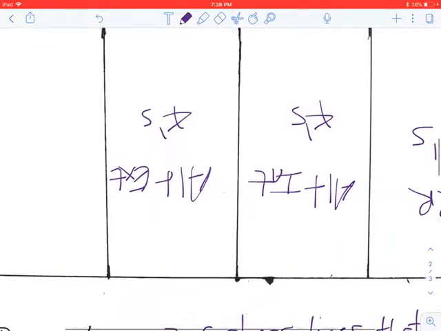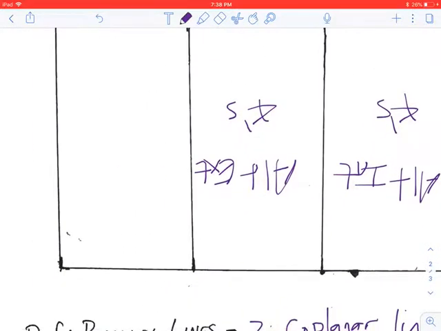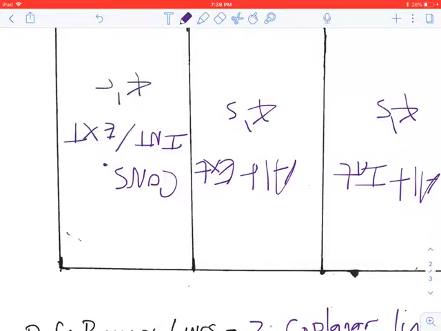Pardon my handwriting. And then the last one is consecutive interior/exterior angles. Okay?